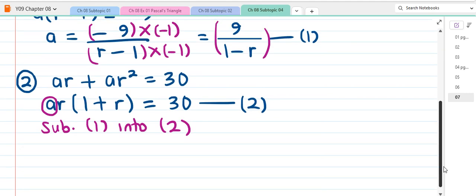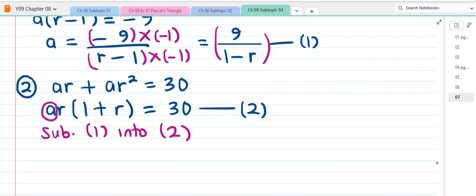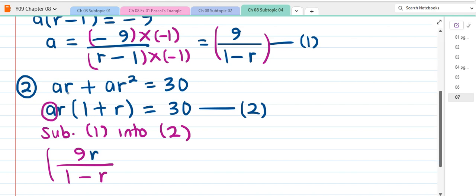What do we have here? A is 9 over 1 minus r times r for the left side over here. So I will just write it down as 9 over 1 minus r, but next to it is a multiplication with r. So this one is the ar multiplied together, and next to it will be 1 plus r equals to 30.